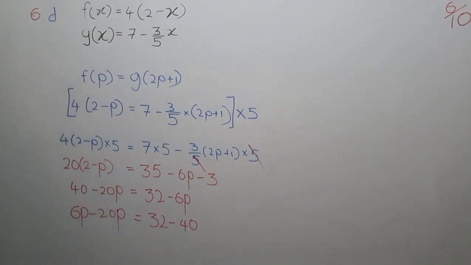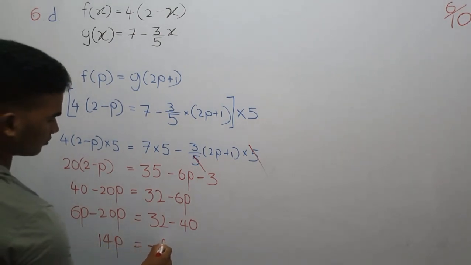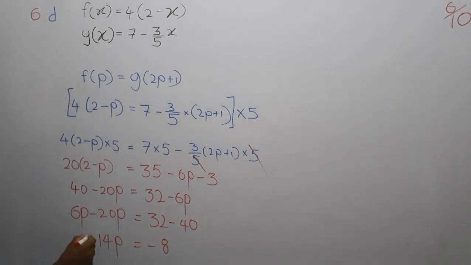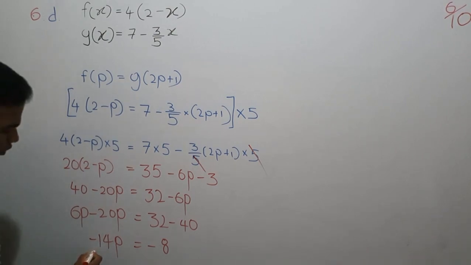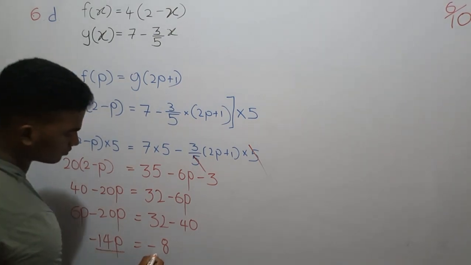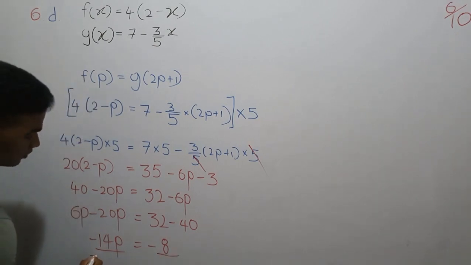So 6p minus 20p is minus 14p equals 32 minus 40 is minus 8. So now divide both sides by minus 14.